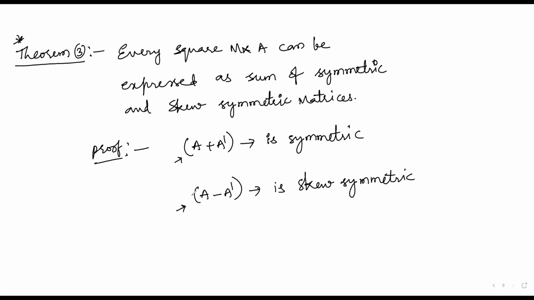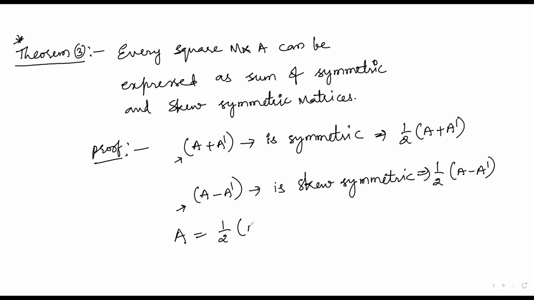So A equals half of A plus A transpose, which is symmetric, plus half of A minus A transpose, which is skew symmetric. Therefore, A is half of (A plus A transpose) plus half of (A minus A transpose).